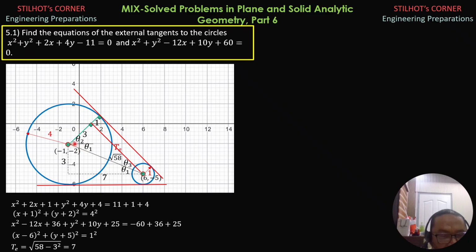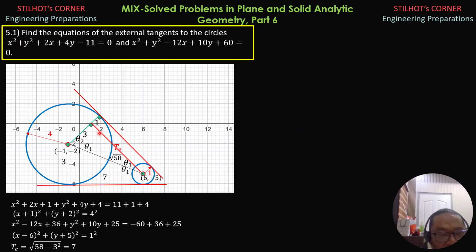So from the figure, theta 2 is this angle here, the whole angle here, minus theta 1. Then theta 2 is inverse tangent of opposite divided by 3. It may also be inverse cosine of 3 over square root of 58 or inverse sine of 7 over square root of 58. But I just use tangent.